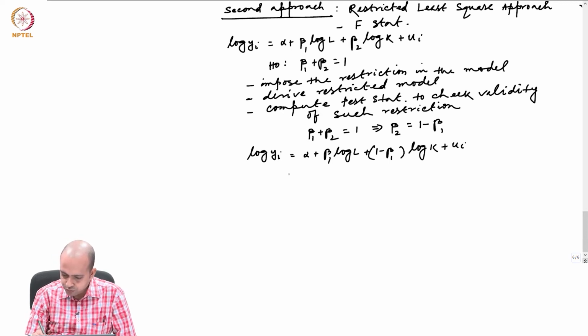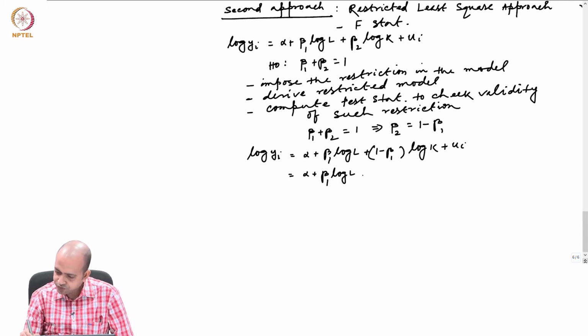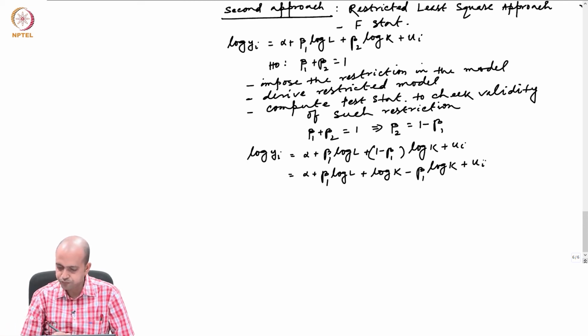So, this would become alpha plus beta 1 log L plus log k minus beta 1 log k plus ui. So, you can take this log k this side.